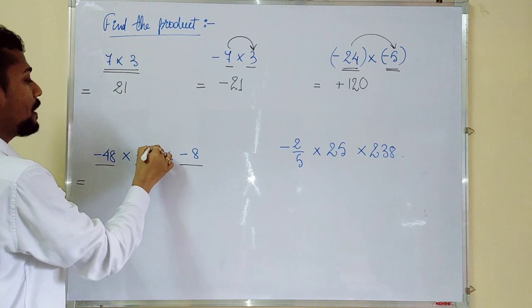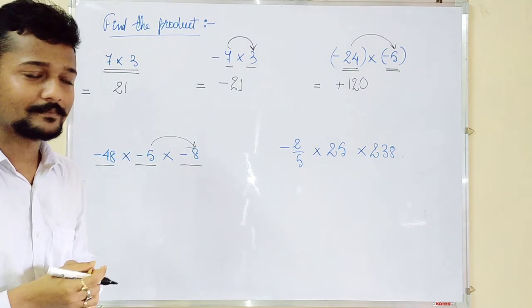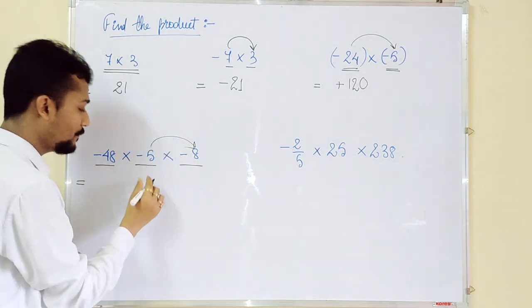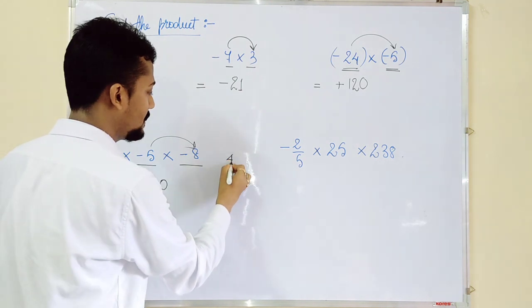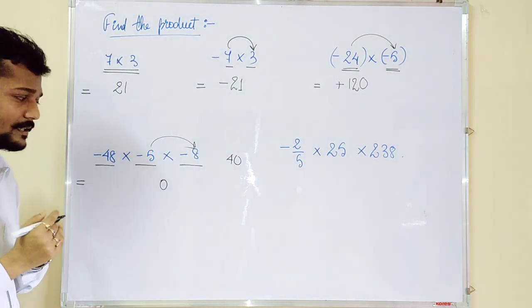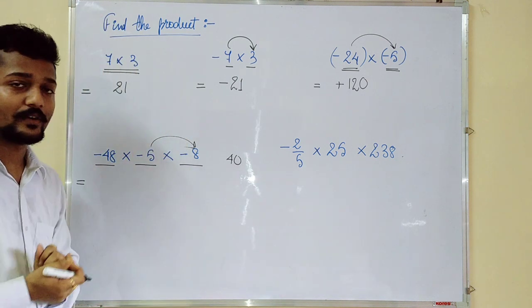So here I will multiply them first. 5 8s are how much? 40, isn't it? 5 8s are 40, 0, 4 carry. अच्छा मैं इधर लिख देता हूँ 40. इधर मैं रफ ही कर देता हूँ. 5 8s are 40.